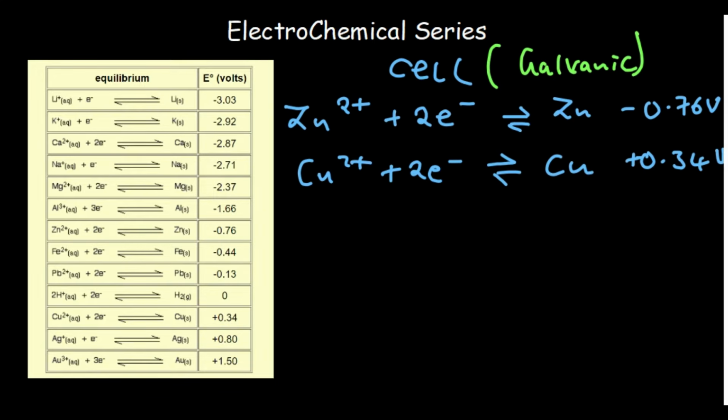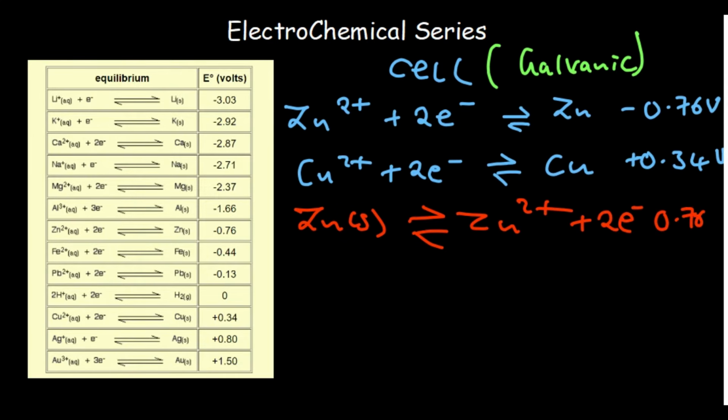The only way we can ensure that our standard cell potential will be positive is by reversing what? The first reaction, so that we start with solid zinc giving us Zn2+. When the electrons appear on the right hand side of an equation, that is an indication that it is an oxidation reaction, that is loss of electrons.